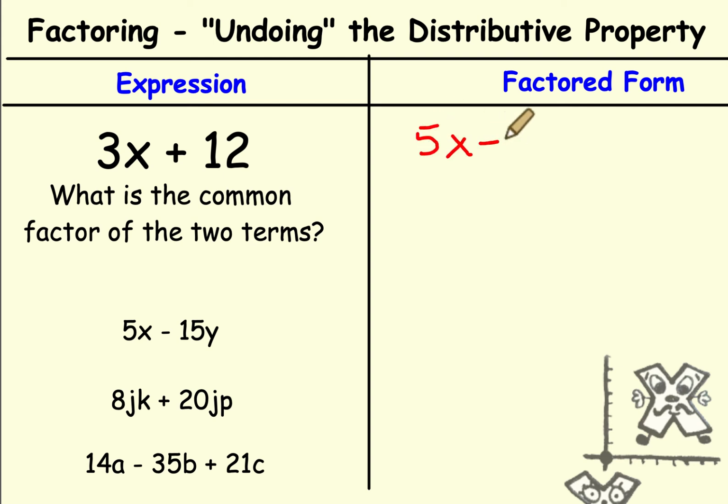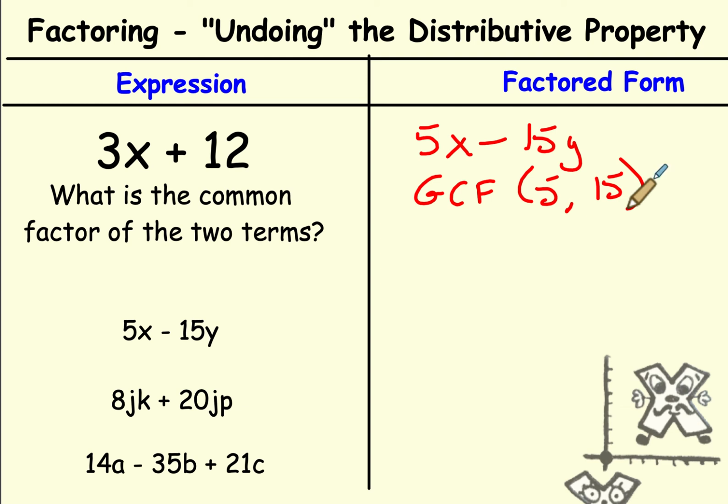So 5x minus 15y. So what's the common factor, or the GCF, of 5 and 15? Well, 5 and 15 are both divisible by 5. So that means that I'm going to take out a 5. Now, if I don't want to use the box, I'm going to keep my minus sign in the middle.